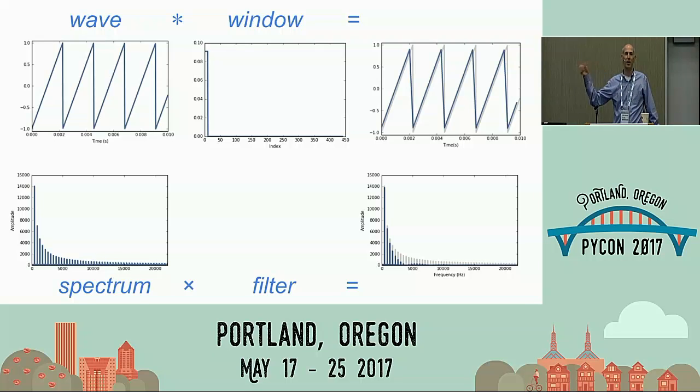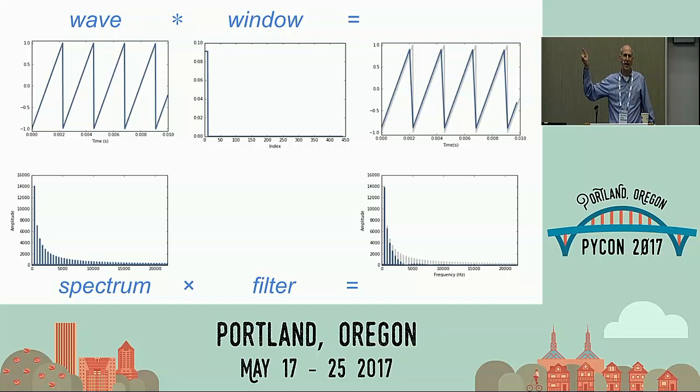So the top row is the time domain, and the bottom row is the frequency domain. The star symbol up at the top is the symbol for convolution, and the X symbol at the bottom is what I'm using for multiplication. And this is visually what the convolution theorem is going to tell us in a minute.